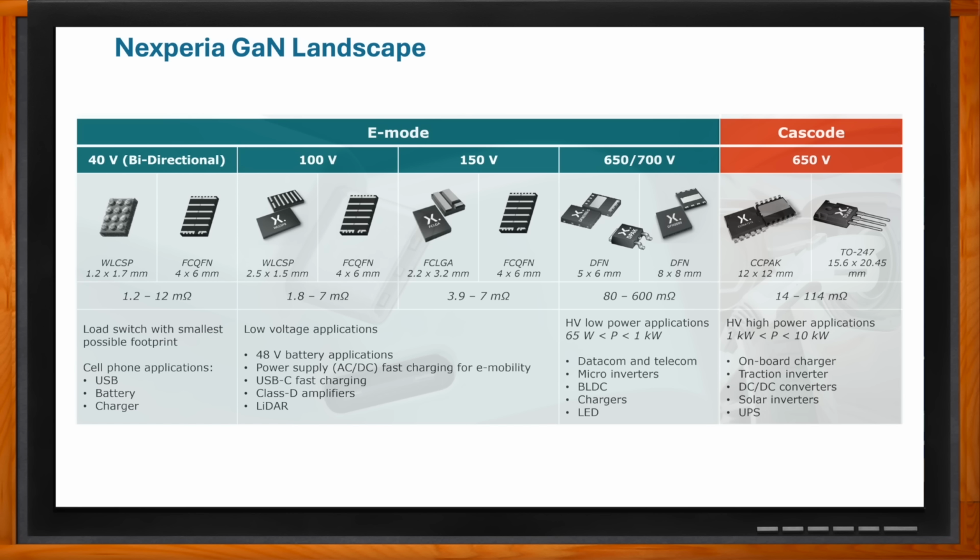So the E-mode GaN, the 100 volts and the 150 volts and even 650, 700 volts, also has its places. The 100 volts fits the 48 volt battery application, even though it is not bidirectional yet, but we're working on it. There are also AC/DC power supplies for fast charging in the e-mobility world, which gives you USB fast charging.